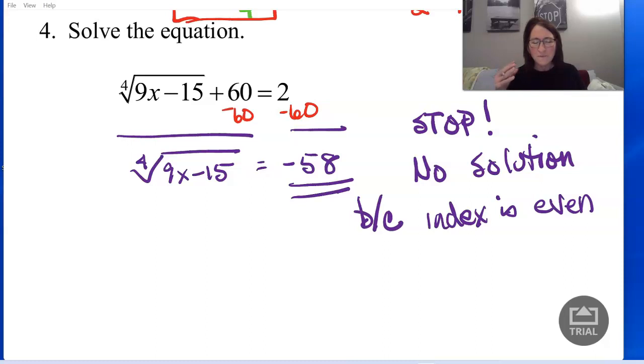So there is no number that I could plug in for x that's going to give me a -58. So I'm done. Now, if your index is odd, this doesn't apply. It's only when your index is even. When your index is odd, you could potentially have your radical equal to a negative number.